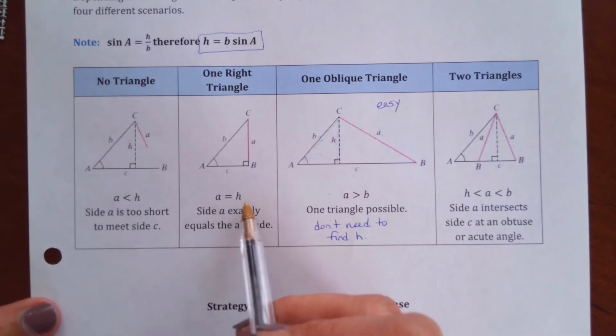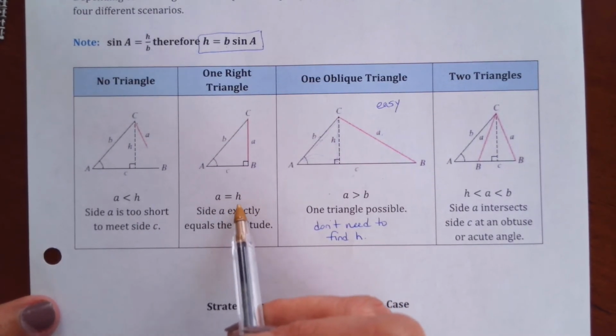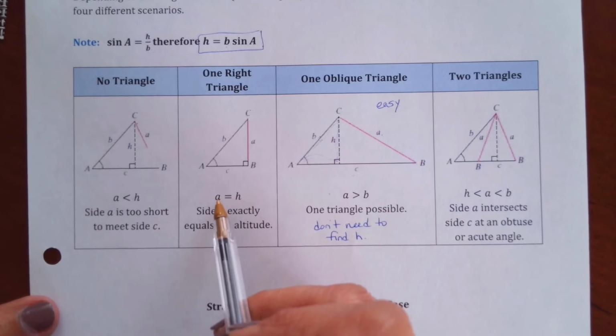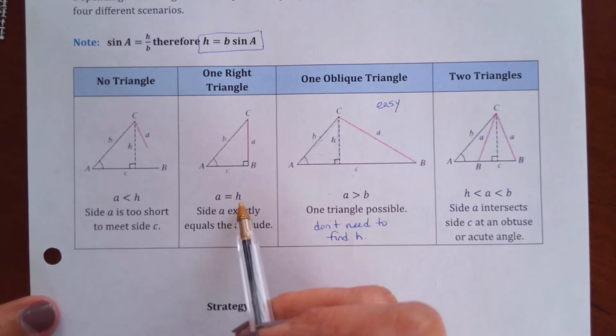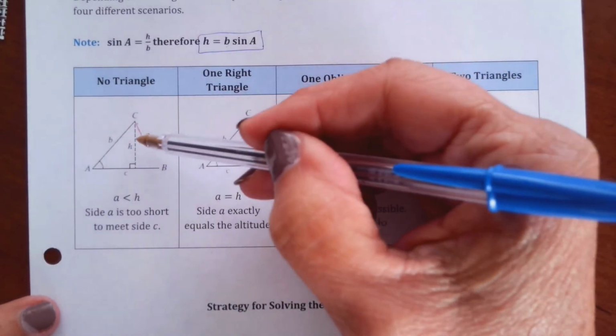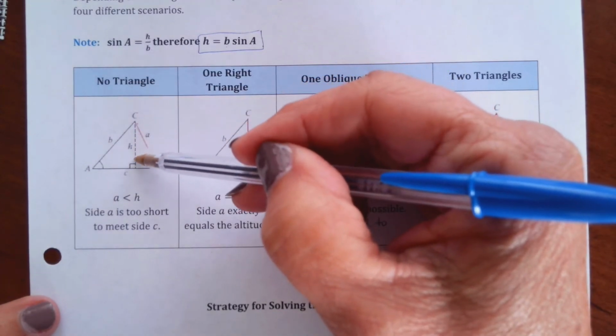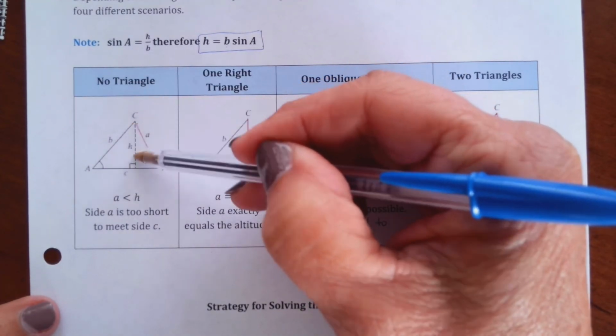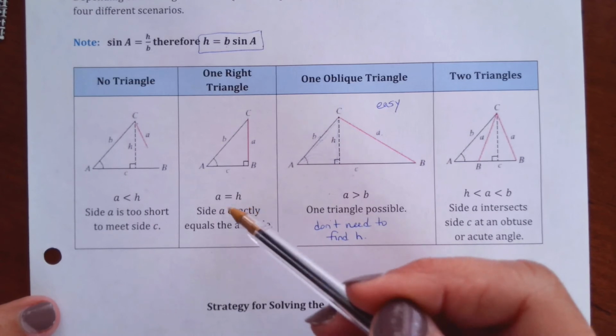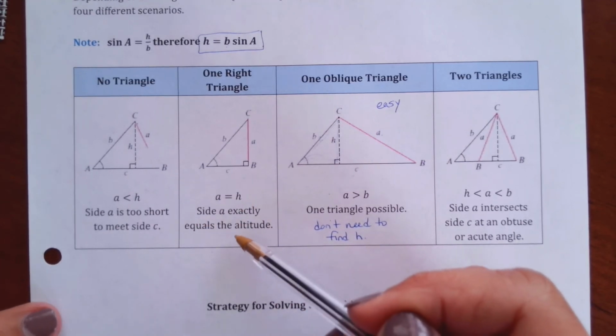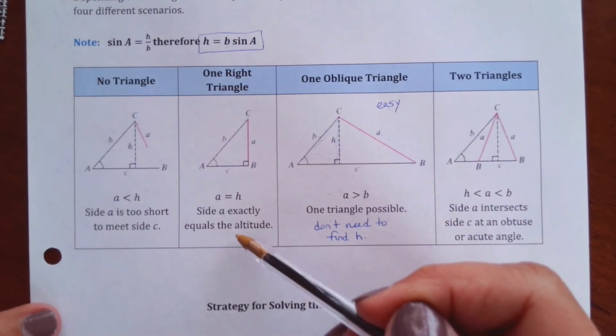Now, every now and then, very rarely, will you get this case, but you might. You might get that a is exactly equal to h. Well, if a and h are exactly the same, then that means it's going to fit right here. And that means you have a right triangle, so you could actually go back and solve it using your trig ratios. Okay?